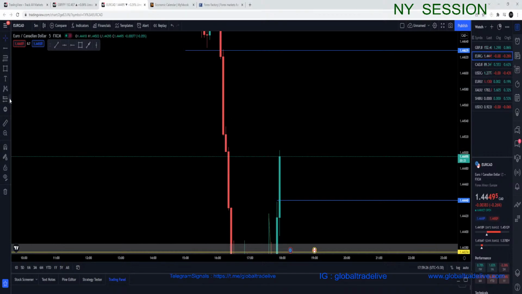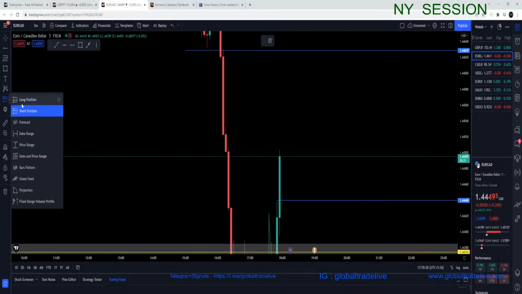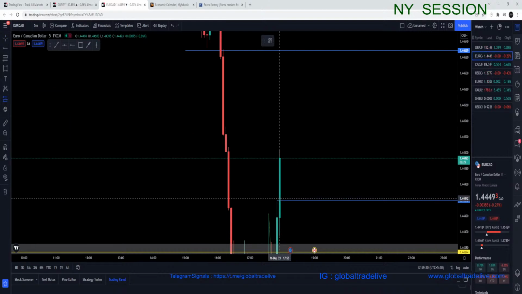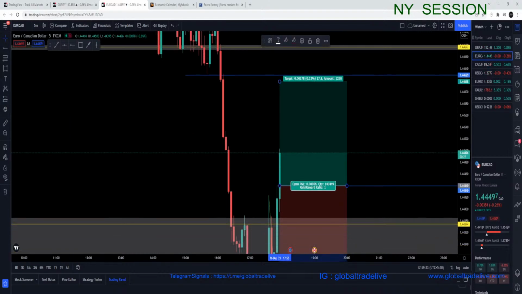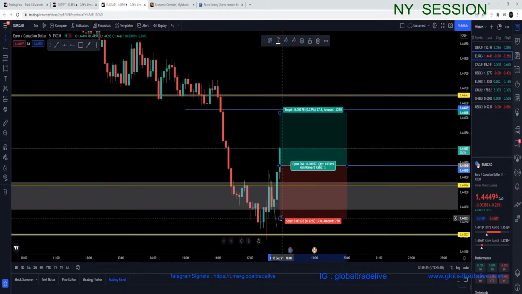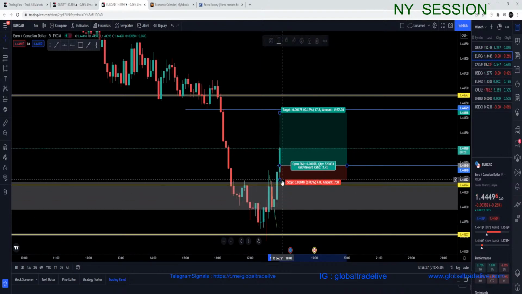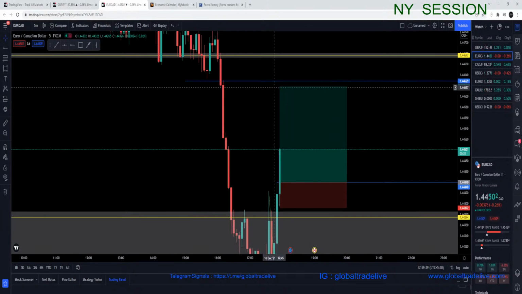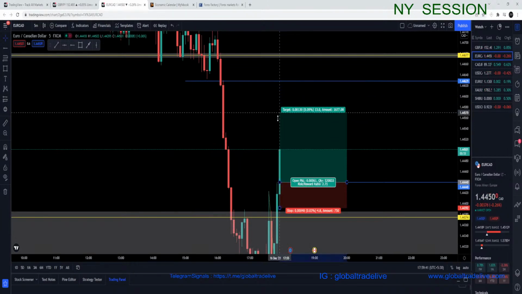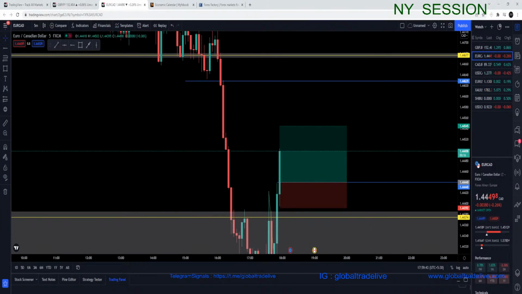So my trade is like this. This will be 10 pips. 7 pips tapped over here.